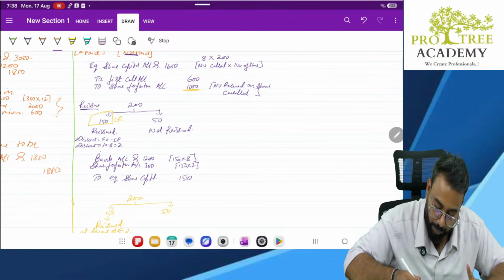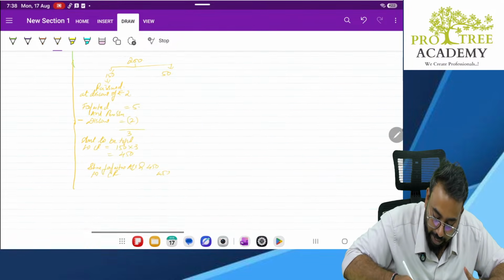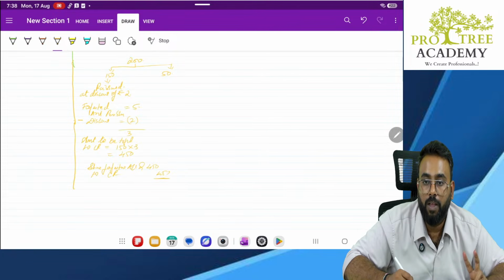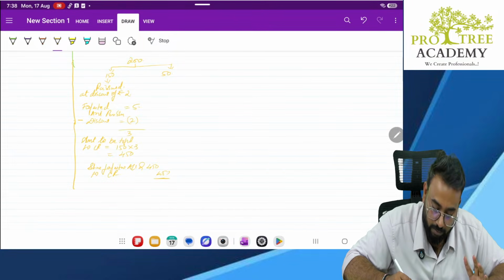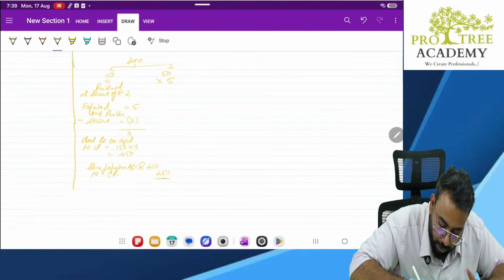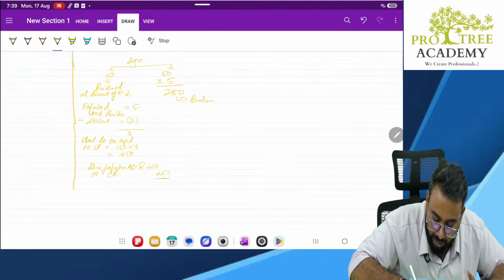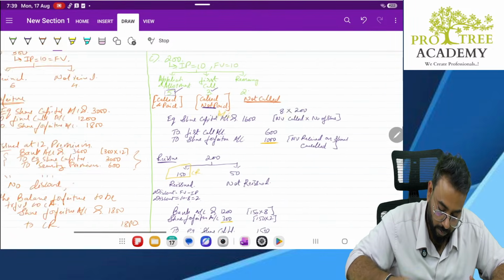Forfeiture 1000 rupees minus 300 will give us 700, minus 450, that will give us 250 rupees. That 250 is nothing but 50 shares into 5, 250. Balance in forfeiture account. Clear? Okay.